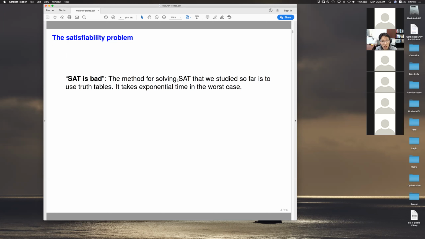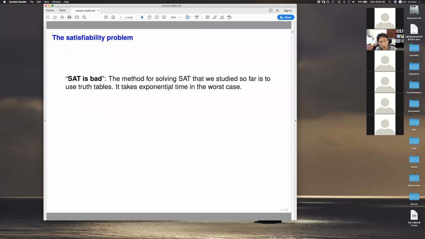Another way to understand this, if you have no idea what I'm talking about, is to look at the kind of algorithm you can easily design to solve the satisfiability problem. One way to do it is the truth table. And you can see that the truth table will, most of the time, take exponential time.